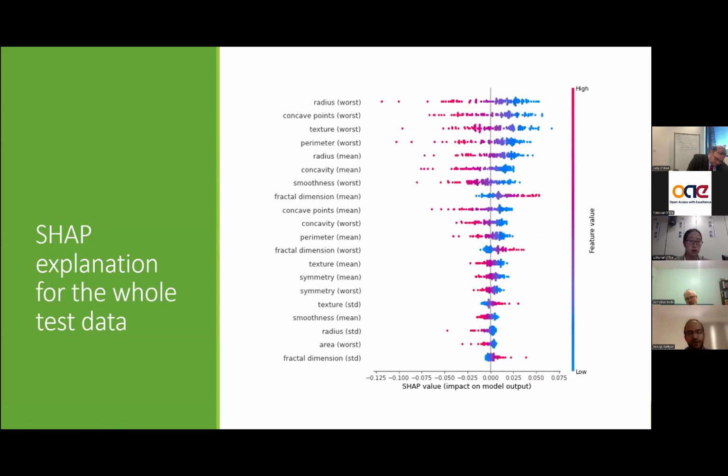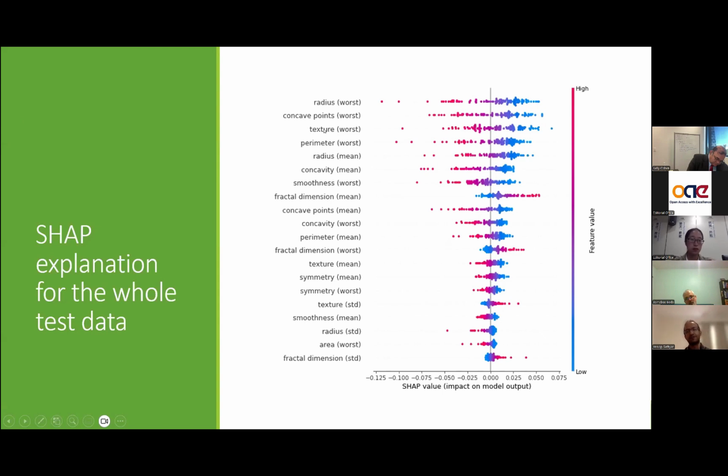Now, in the case of Shapley, it provides these summary plots over the entire data set. So instead of trying to see data point by data point, we have a good summary for the entire data set. You can see here some of the ones that are contributing the most. Most of them relate to the worst values or the maximum values of the radius, the concave points, the texture.